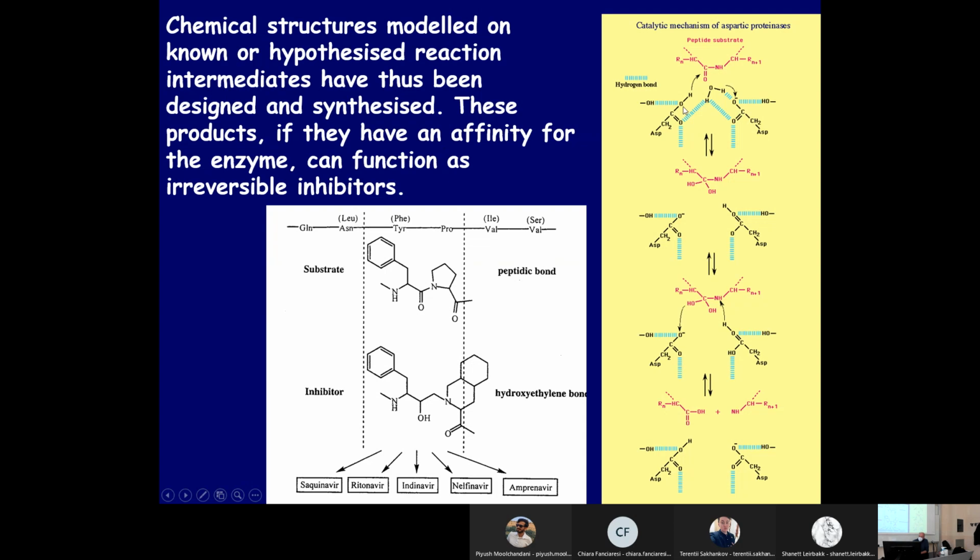Aspartic proteases are very uncommon enzymes in mammals. And these enzymes have two acidic residues, two aspartic acid residues.